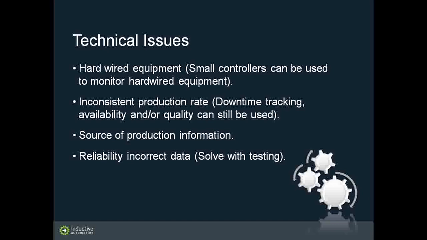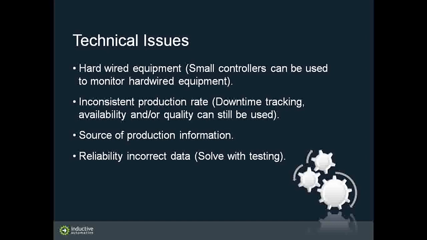But I bring that up because, in that case, downtime tracking and availability and possibly quality could still be used, and you just wouldn't use the performance aspect of OEE downtime. So there are ways to still benefit from OEE downtime concepts, even though you might not be implementing all of it.